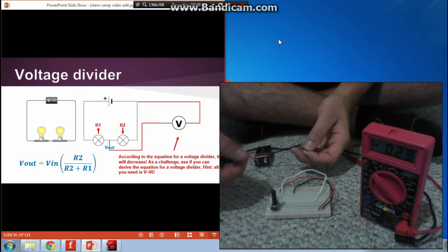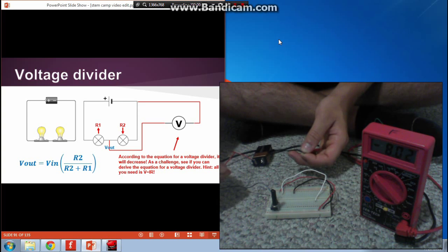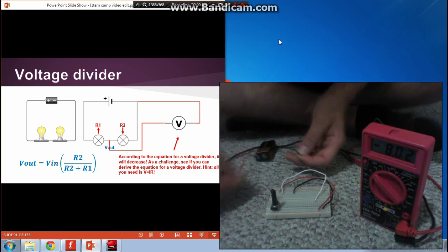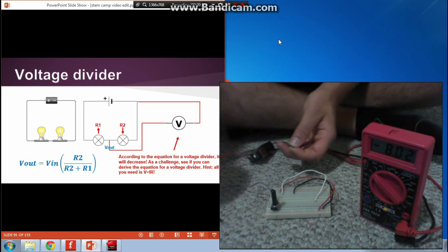And so actually you can think of it as there's not any current flowing through the voltmeter. But that's beside the point. The point is that this is indeed a parallel connection, and the voltmeter is reading, what is it reading? Approximately 8 volts, right?